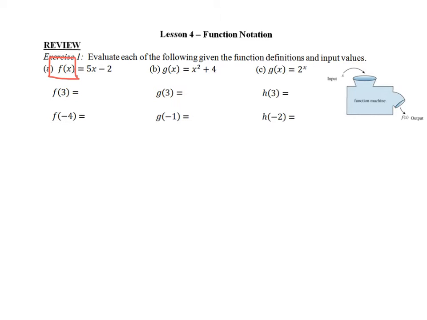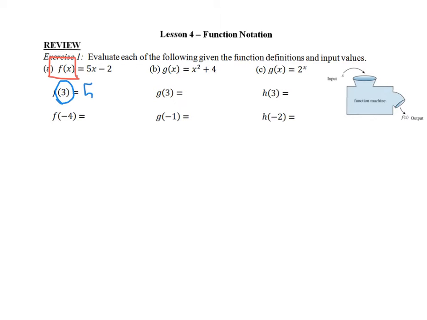For our first equation, the function is f of x equals 5x minus 2. This merely tells us the rule that we are going to use for any input value x to find the output value for the function. So for example, in the first equation, f of x equals 5x minus 2, if our input value is x equals 3, that means we are just going to substitute 3 in for x.